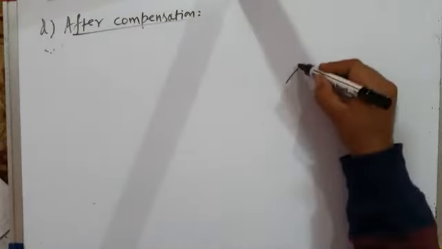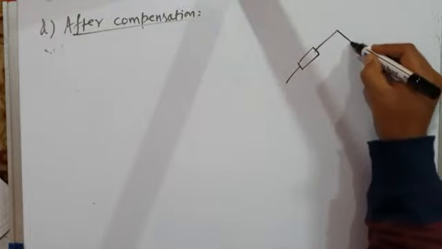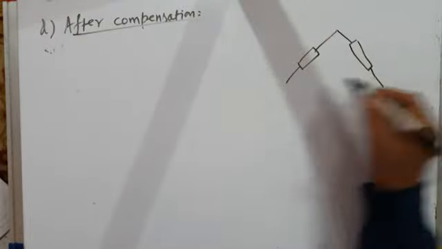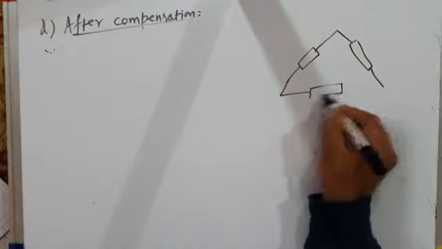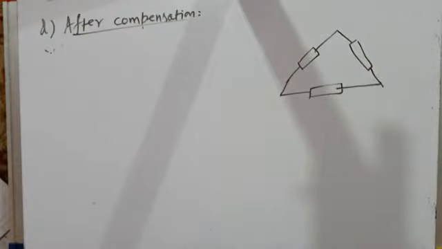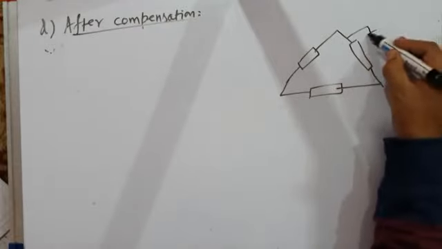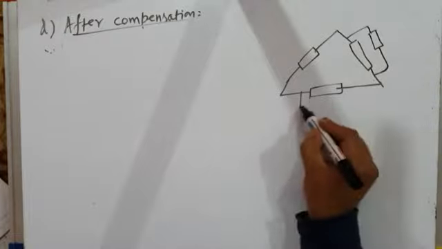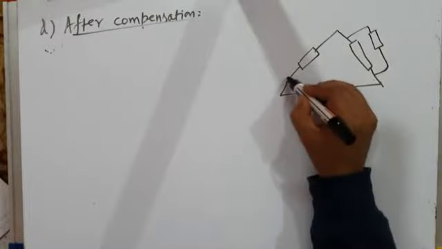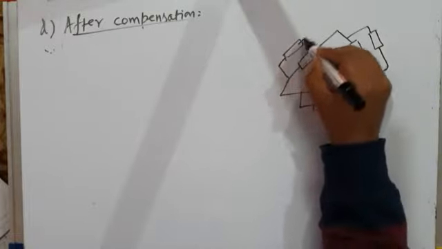अब आपका लोड ये है, this is your load. It was originally star connected, now we have transformed it, we have made it delta connected. So it is like this.